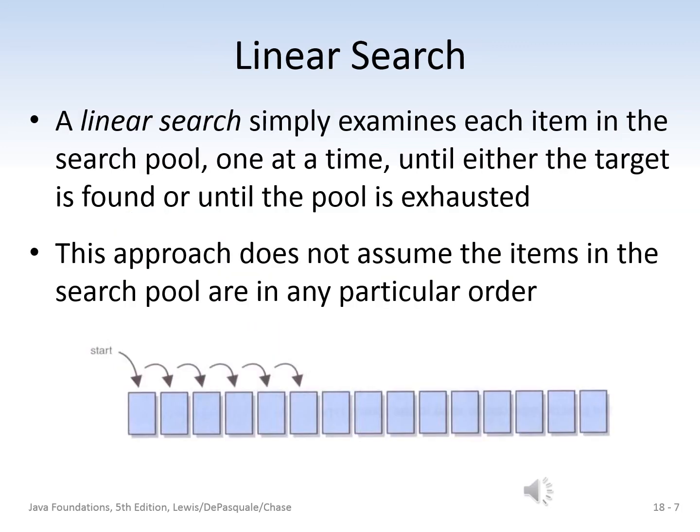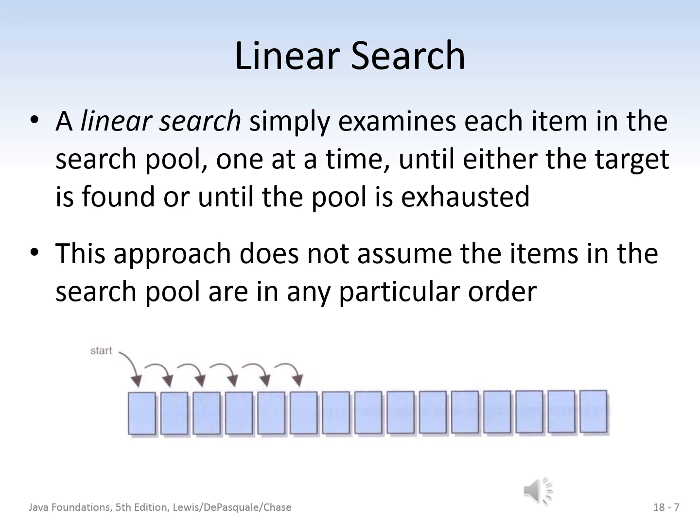On to our first search algorithm, the linear search. The linear search examines each item in the search pool one at a time until the target is found or until the pool is exhausted.